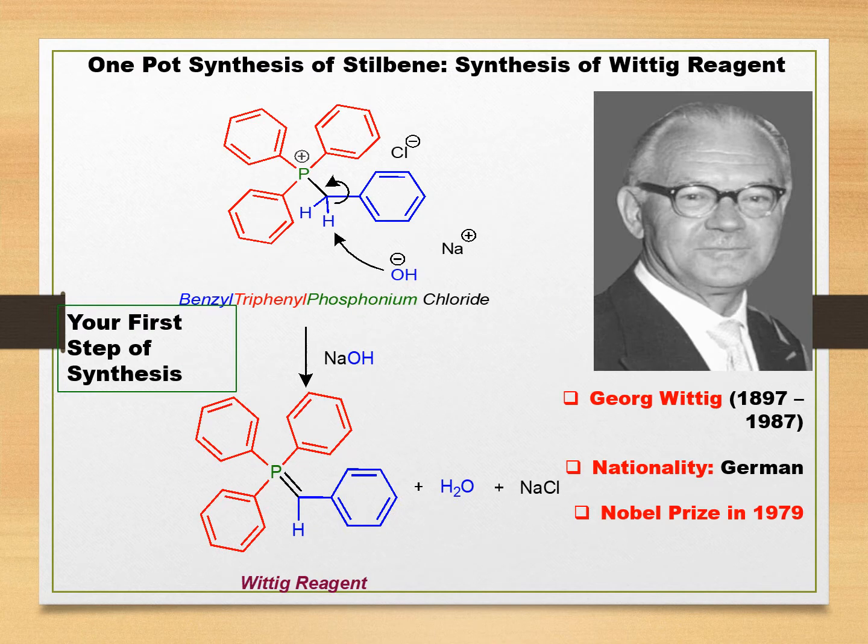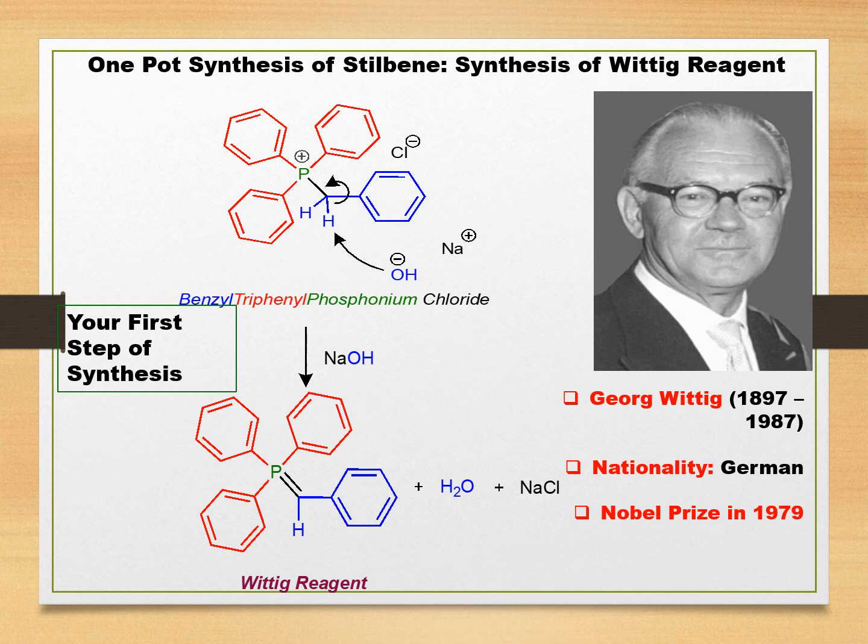When this reagent is treated in alkaline solution, the hydroxyl group from sodium hydroxide abstracts a proton, and the electrons from the broken proton bond are delocalized to the carbon-phosphorus bond to neutralize the electron deficiency on phosphorus and give us the final structure, which is also called the Wittig reagent.